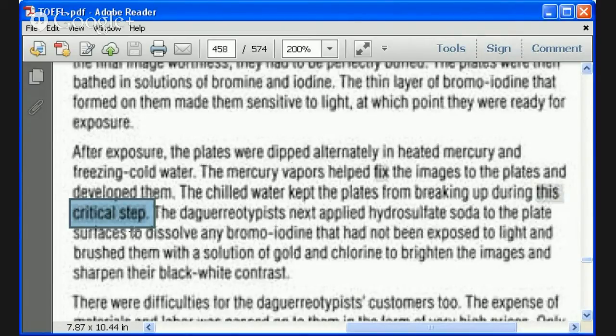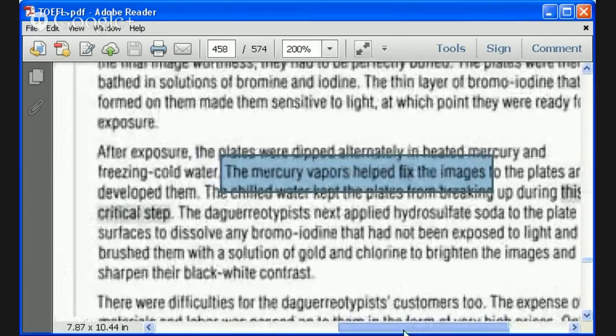Obviously, when you have a reference, whether that be a pronoun, a phrase, a relative clause, whatever, it's referring to something that was already written. So, Ruben, you immediately scan to the mercury vapors.